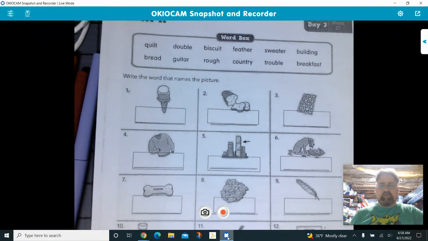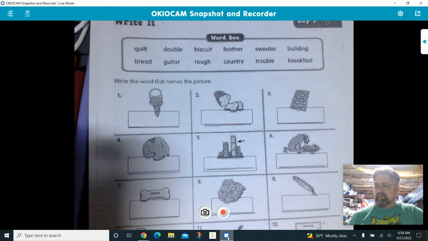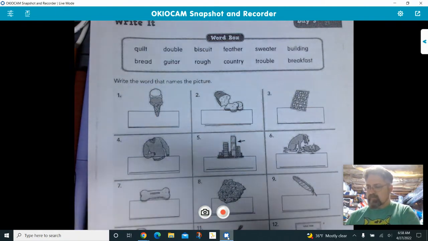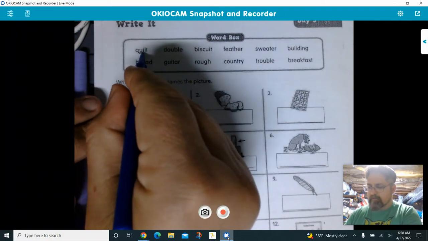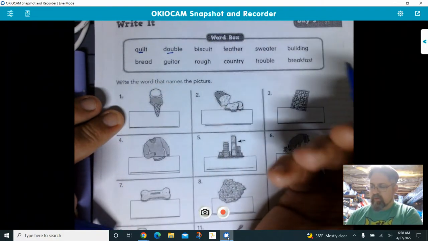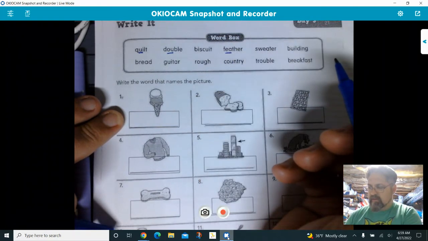So we're still working with the vowel digraphs, but look, this time we've got them all thrown together. We've got UI, we've got OU, we have EA like eh.